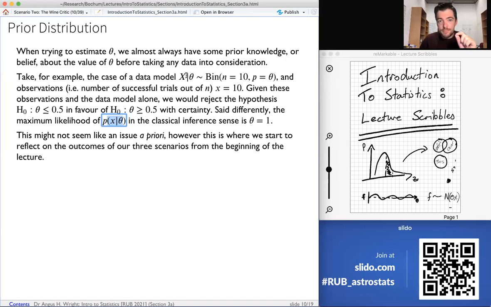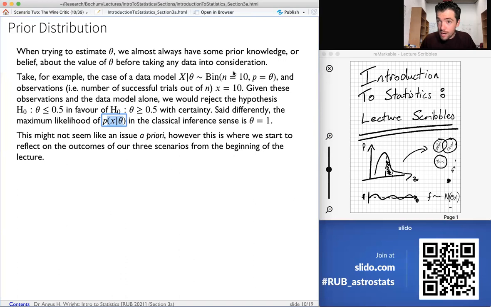But the nuance comes when we realize that this is exactly the same model that we have from our 3 scenarios at the beginning of the lecture. We have a binomial choice. Does he predict the 10 correct outcomes or not?